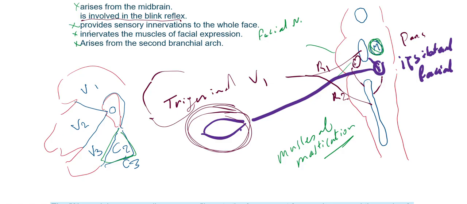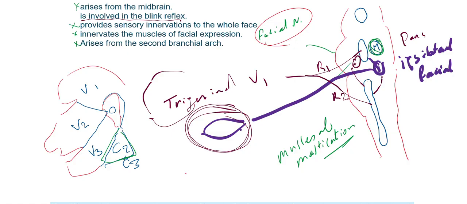So when we studied the branchial arches, we mentioned that each branchial arch gives rise to certain muscles with their specific nerve supply. The second branchial arch gives rise to muscles of facial expression and gives rise to the facial nerve.